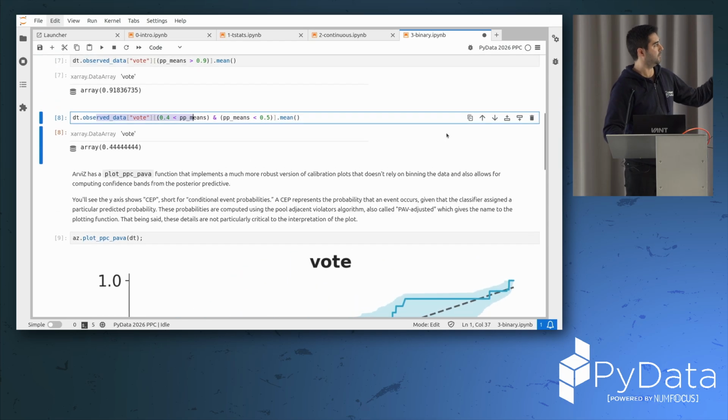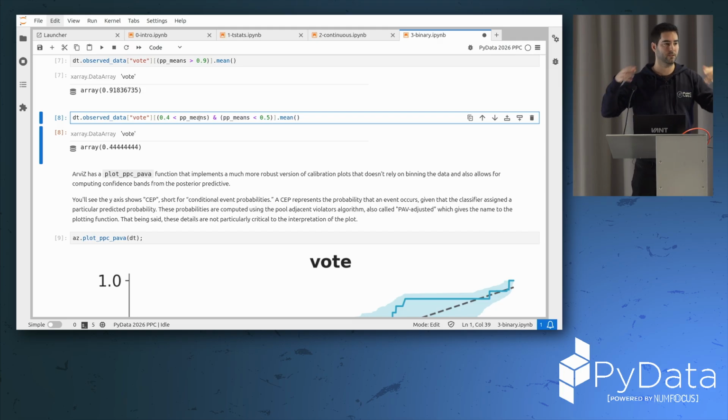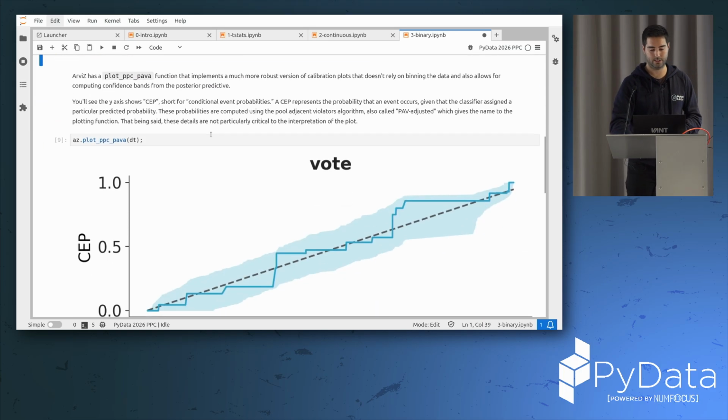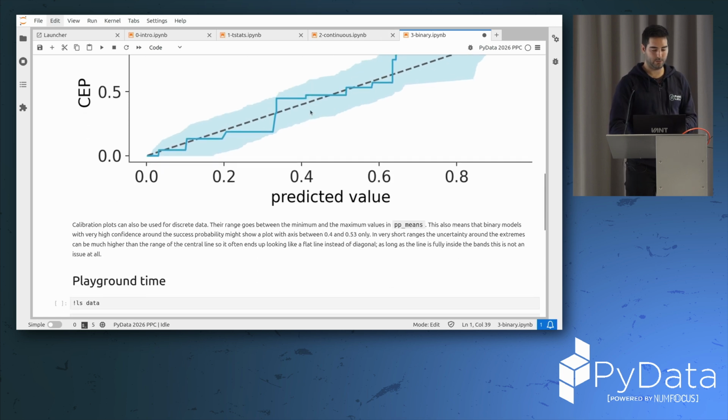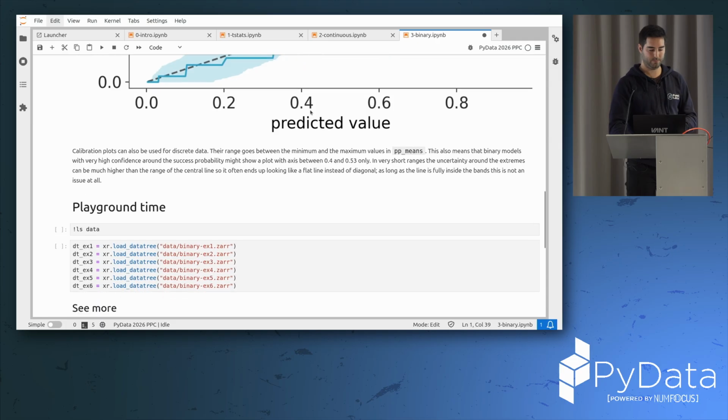This same idea we have focused between 0 and 1 because this is a binary model with a probability, but we could do it for a discrete model and values between 4 and 10 or 20 and 35, and we apply the same kind of checks to look at calibration of discrete variables, and we'll also see that it works for discrete variables.